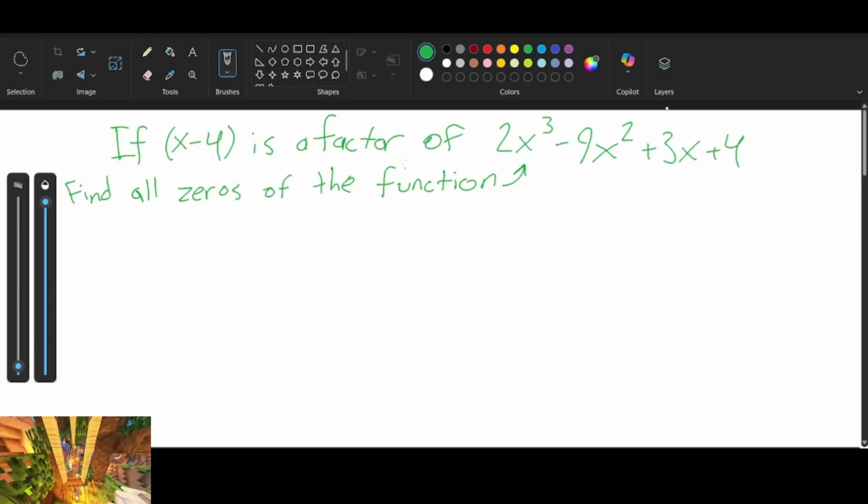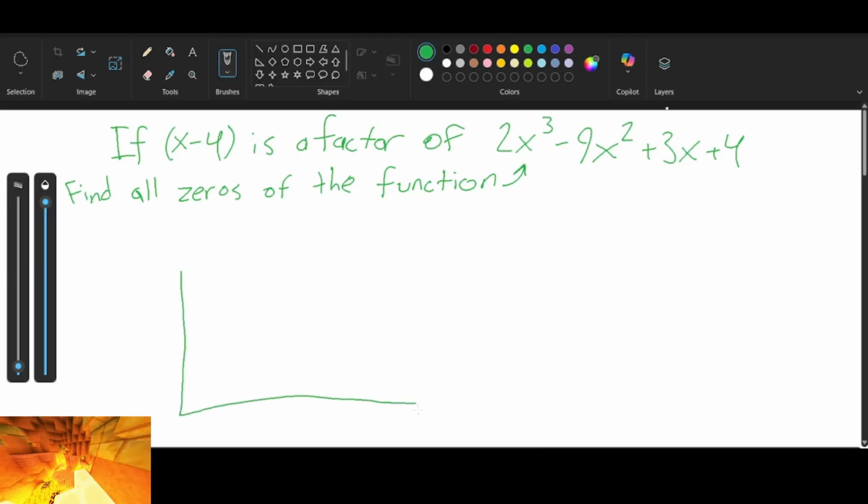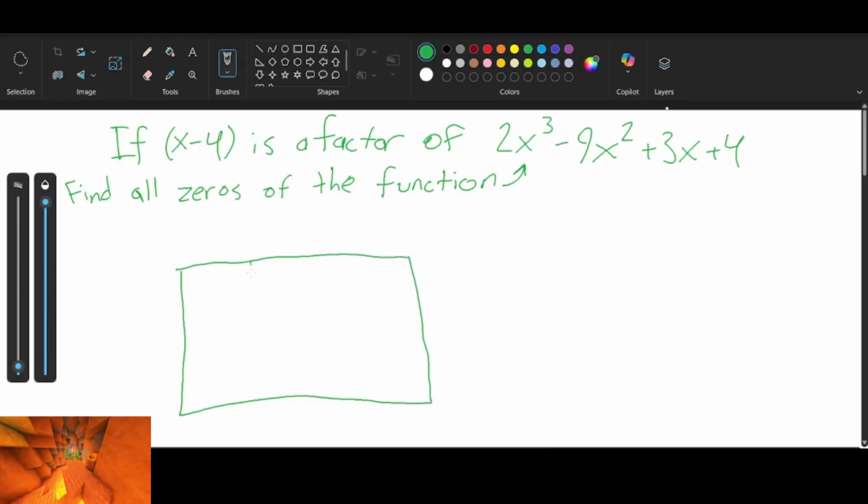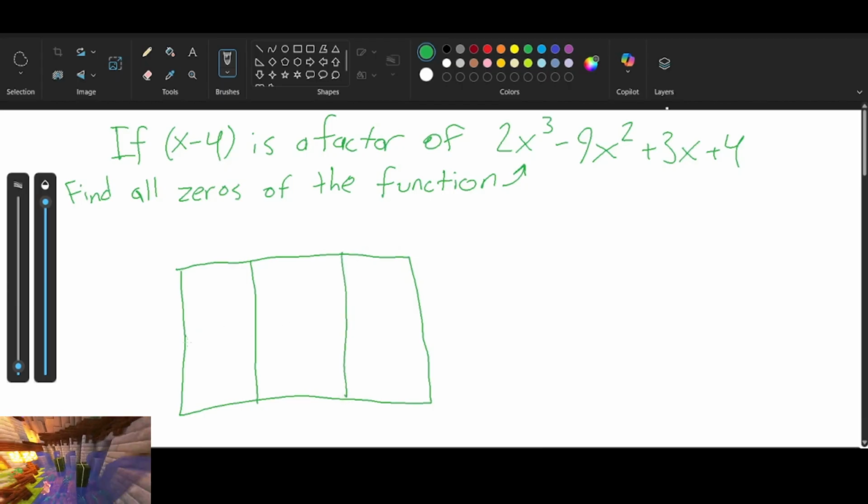So if I have this standard form function, and it tells me that x minus 4 is a factor, I can factor using my box method or my long division. I'm going to choose to do the box method for now. I think I might also show how to do the long division.